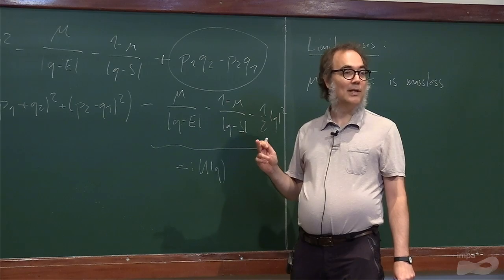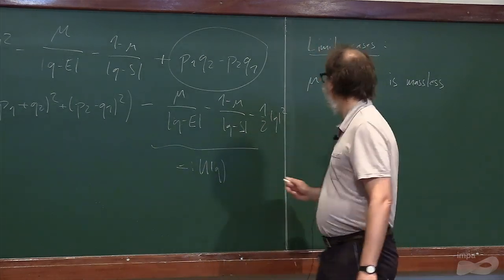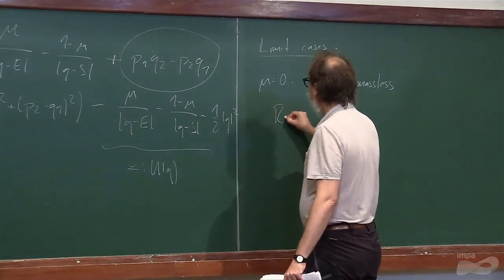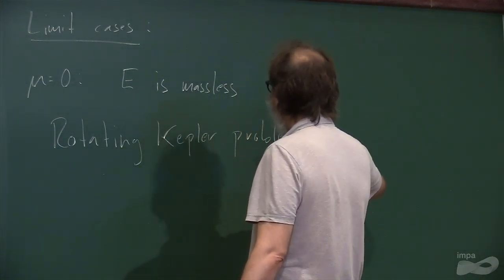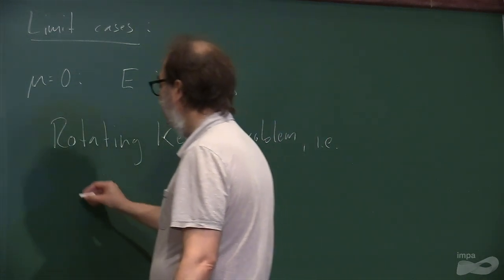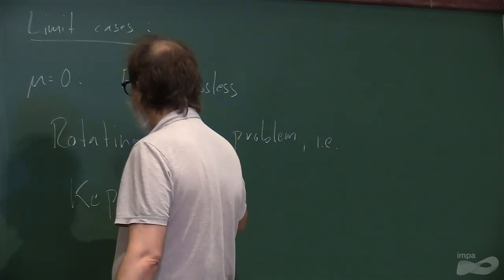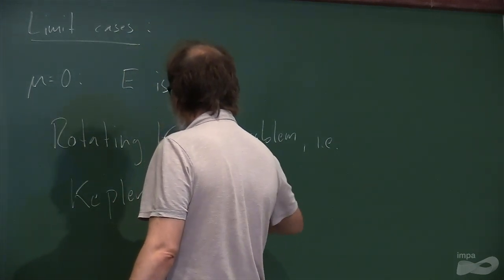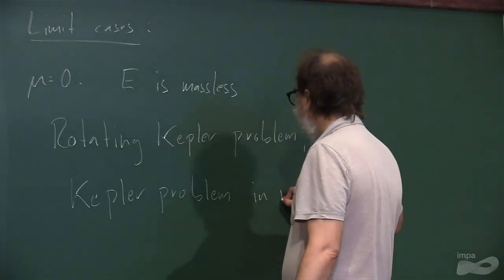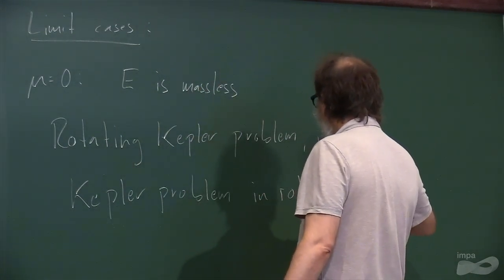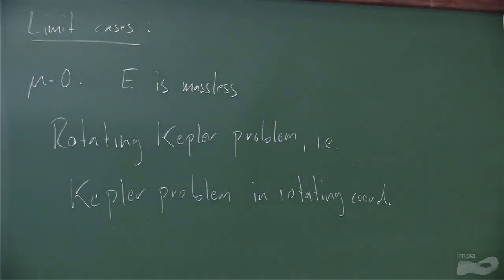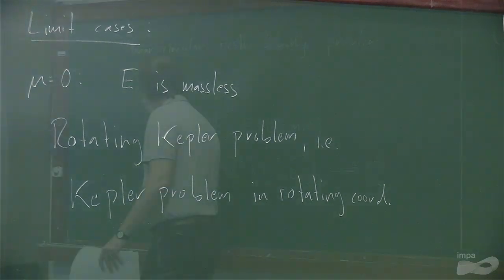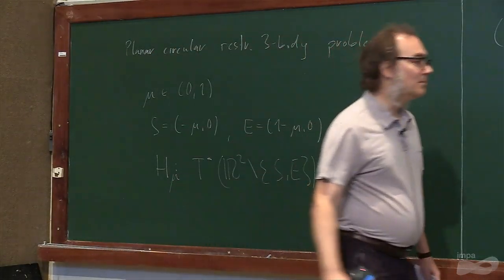This is the Kepler problem in rotating coordinates, i.e. the Kepler problem in rotating coordinates. And so this Hamiltonian depends, of course, on mu.